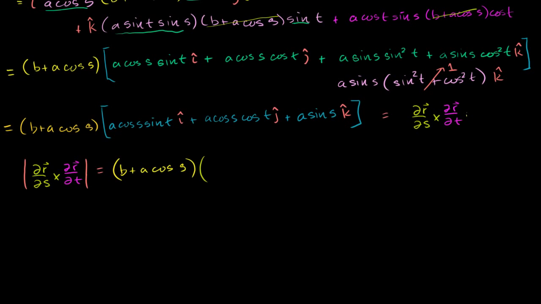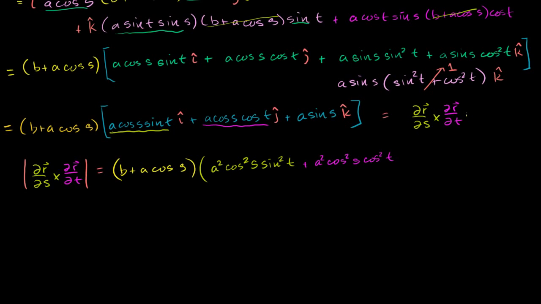So if you square this, you get a squared cosine squared of s sine squared of t. That's that term. Plus, let me color code it. That's that term. Plus, I'll do the magenta. Plus that term squared. Plus a squared cosine squared of s cosine squared of t.